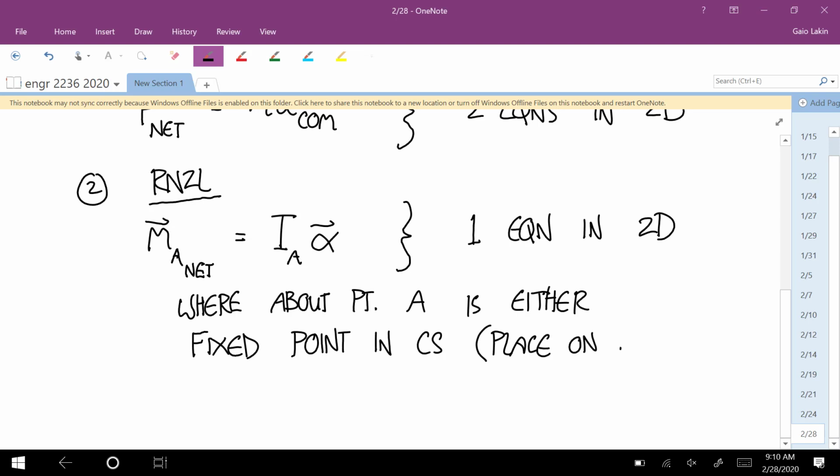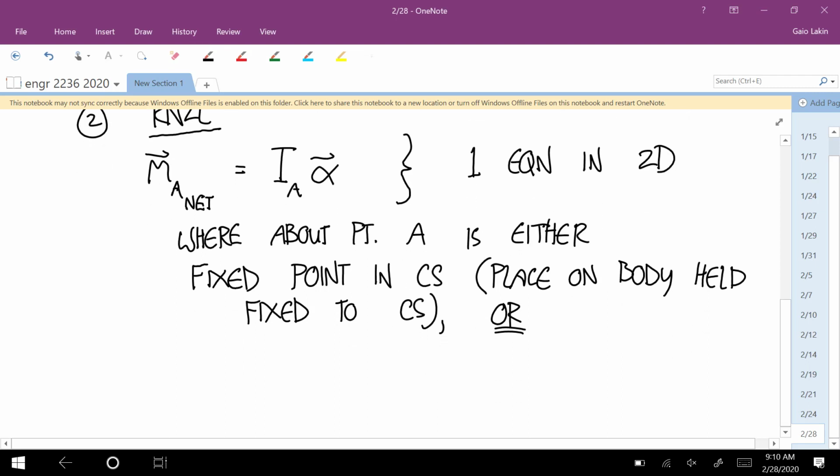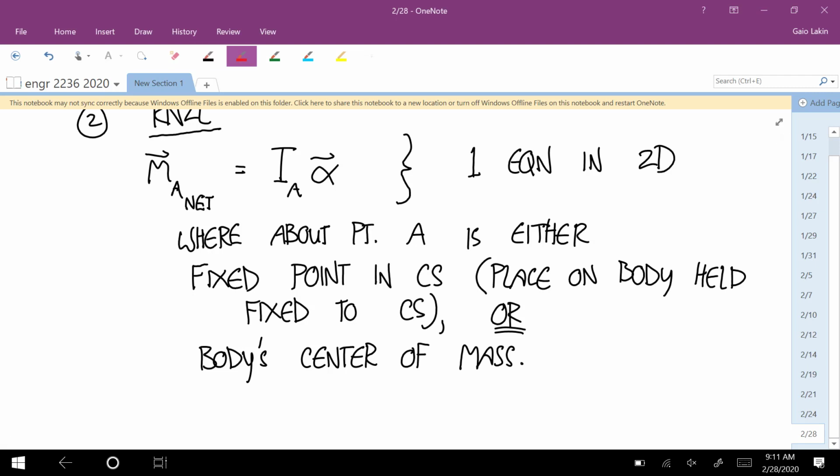So a place on the body that's held fixed to the coordinate system. Or you only have one other option, and that's the body's center of mass. Those are the only 2 that you can choose.